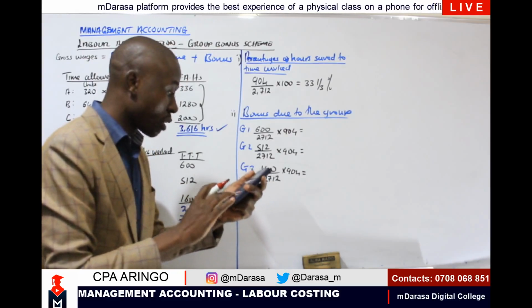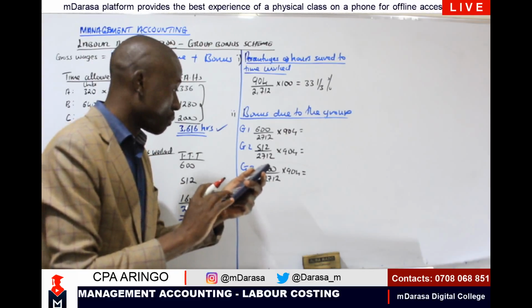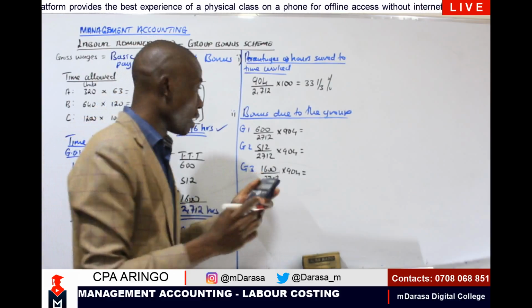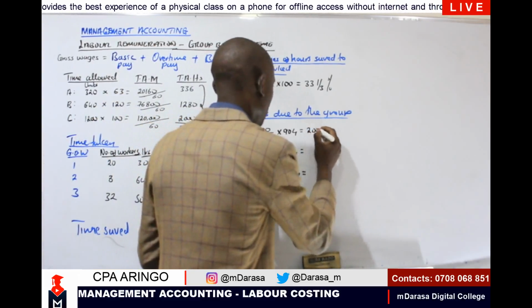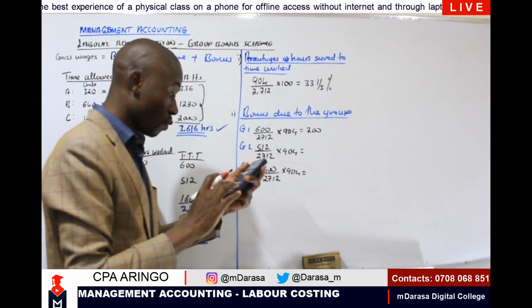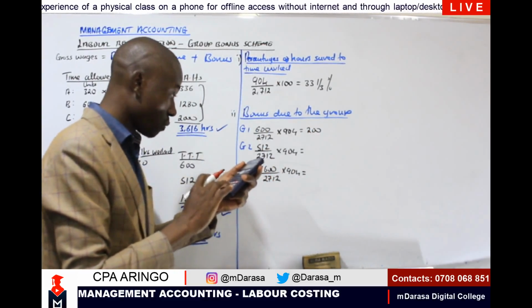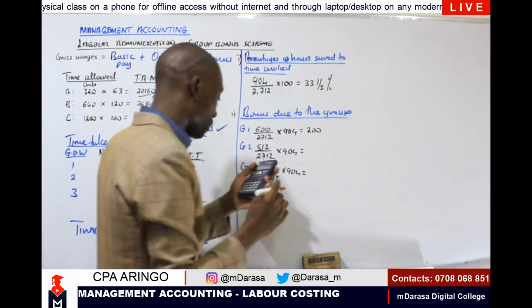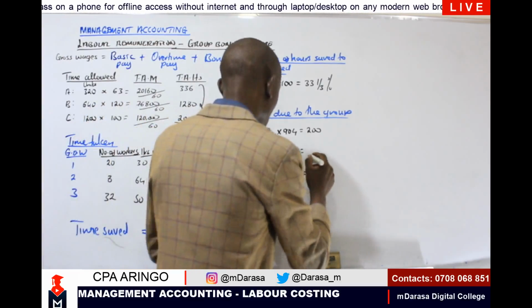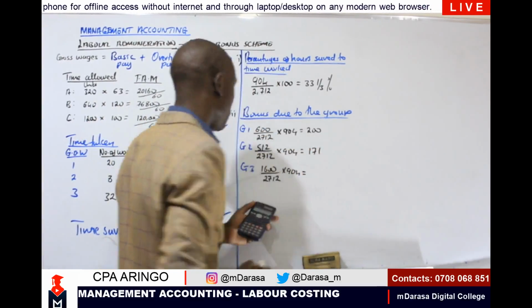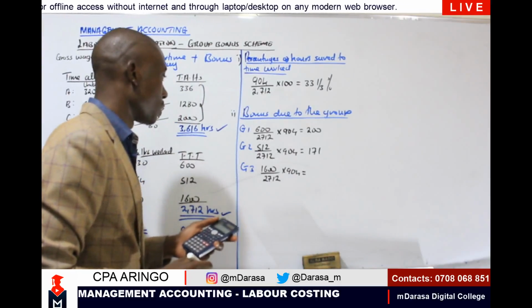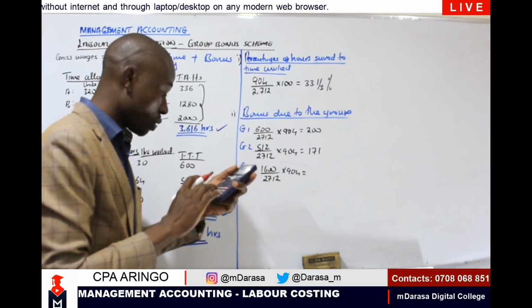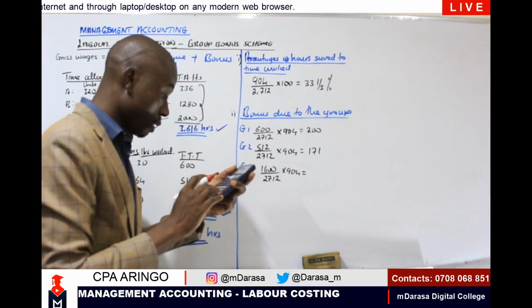600 divided by 2712 times 904. I'm having 200. 512 we divide by 2712 times 904. That should be roughly 171 hours. Then the other case we should be having 1600 divided by 2712 times 904.